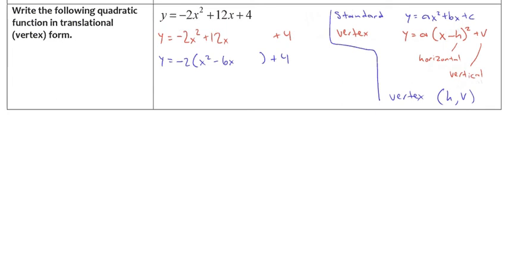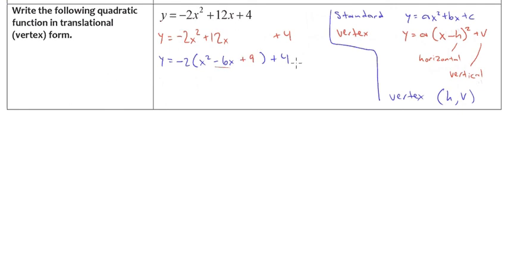For completing the square, we divide that middle term by 2 and then square it. So we end up with y equals negative 2 times x squared, and we can put the negative 6 back in there. Negative 6 divided by 2 is negative 3, and negative 3 squared is plus 9.